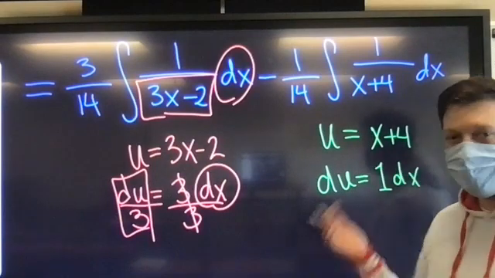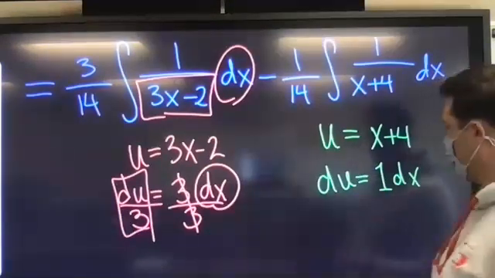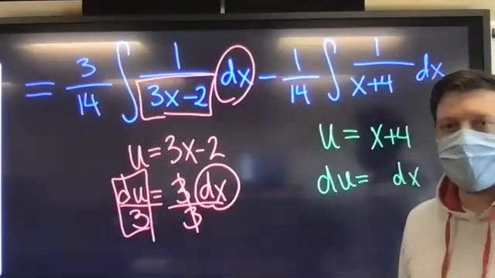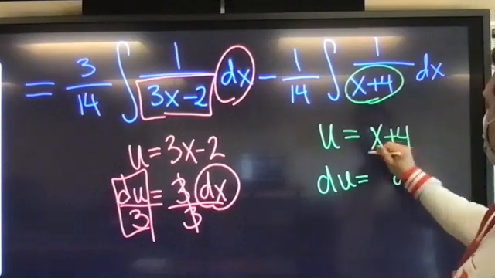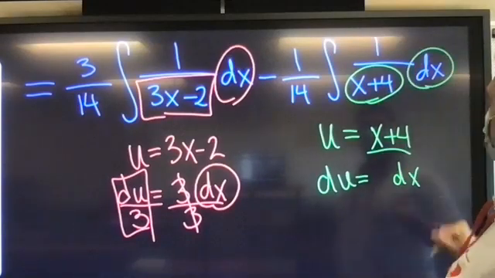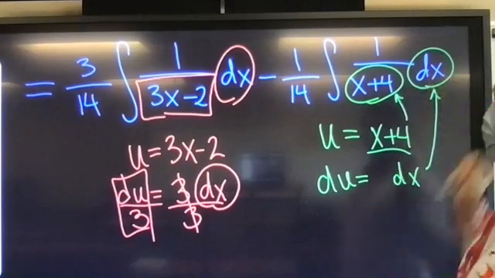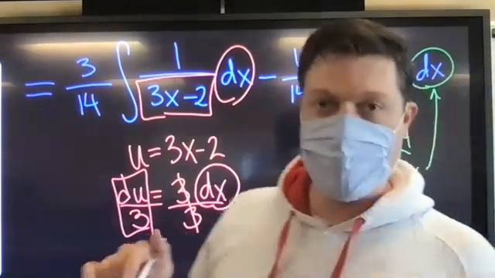And then du just equals dx. In fact, we don't even need the 1. It's just du is dx. So we're going to swap that, and we're going to swap this. Okay, that's all of the setup and the u substitutions.